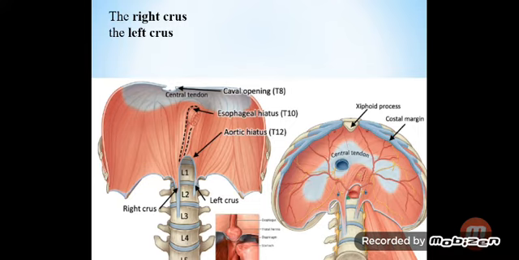The left crus arises from the sides of the bodies of the upper 2 lumbar vertebrae with their intervertebral discs. Just like this figure. So the right crus arises from the upper 3 lumbar vertebrae, the left from the upper 2 lumbar vertebrae with their intervertebral discs.